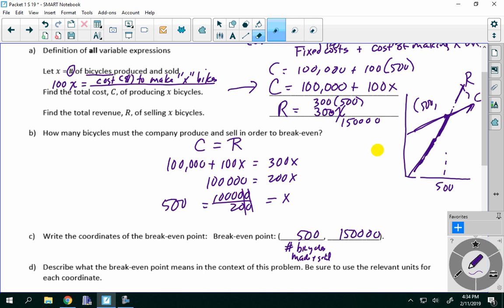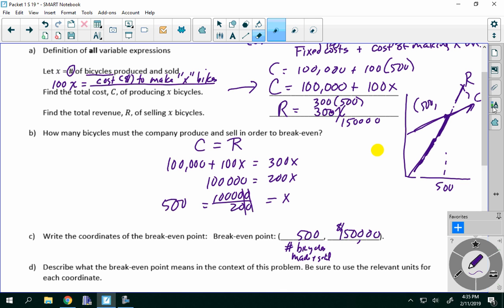Whenever you're asked to interpret a point, the main idea is to write down your point and then write the units. So this is 500 bicycles, and this is $150,000.